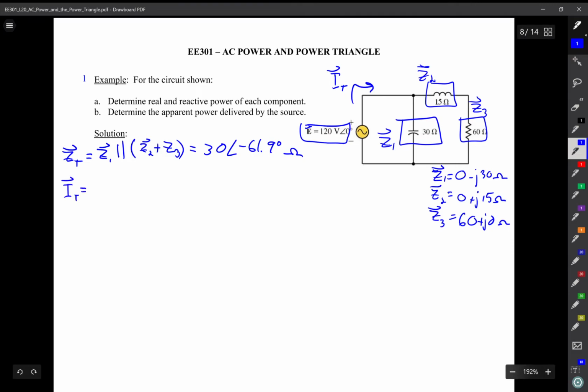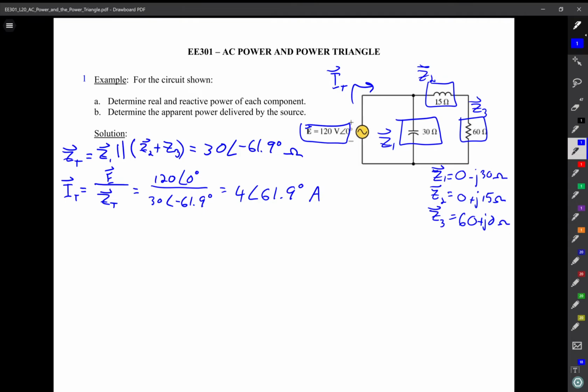I total is equal to E divided by the total impedance, which is equal to 120 with an angle of 0 degrees divided by 30 with an angle of minus 61.9 degrees, which is equal to 4 with an angle of 61.9 degrees, and the units are amps.